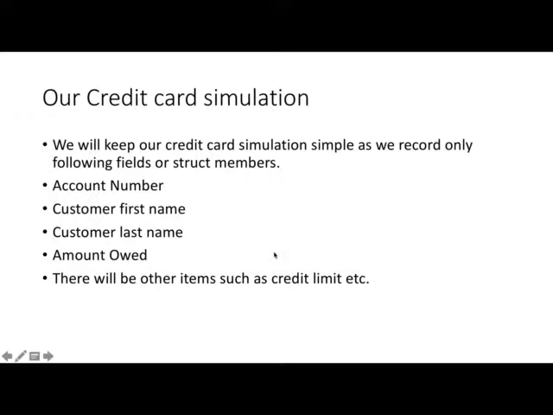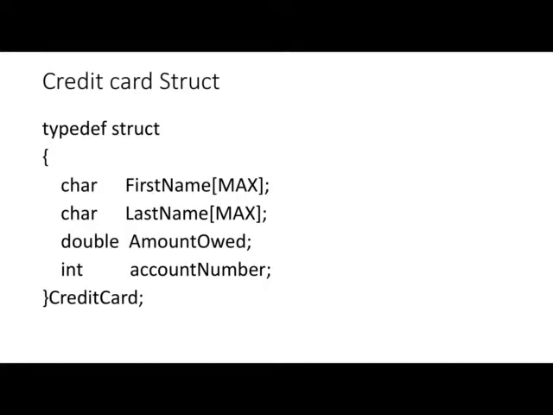Now, the number of operations in a real card could be huge, but to keep our software small for an entry-level programming course, we're just going to keep the number of operations simple. First, let me show you the credit card struct that we're going to design.